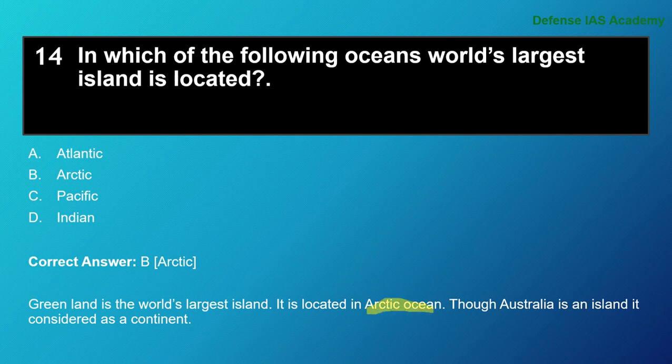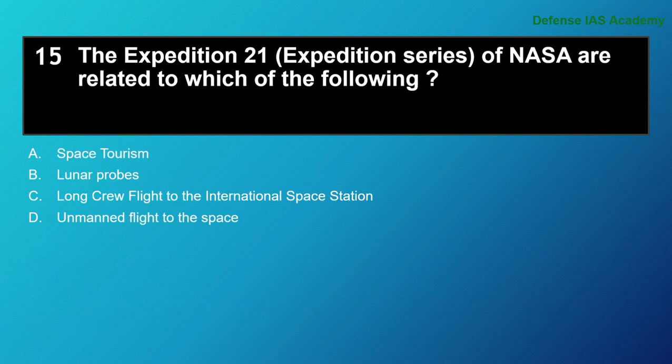So here two things you can keep in mind: Greenland is the world's largest island, and it is located in the Arctic Ocean. Though Australia is like an island, it is considered as a continent. So Greenland is the world's largest island.